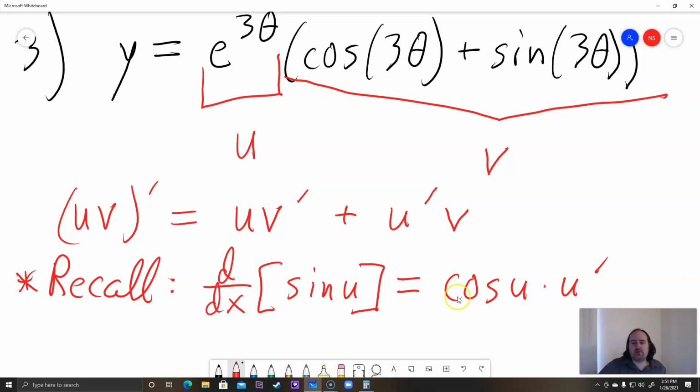But if you get your u's and your v's confused with all this stuff, instead of calling it u, we could just call it x. So d/dx of sine of x equals cosine of x. But just remember, if you have a composite function, so if you have a function of x on the inside, you're going to have to multiply cosine of x times the derivative of the inside.